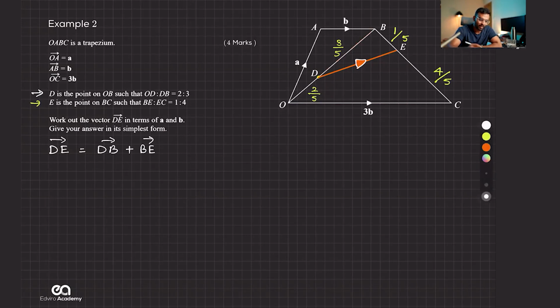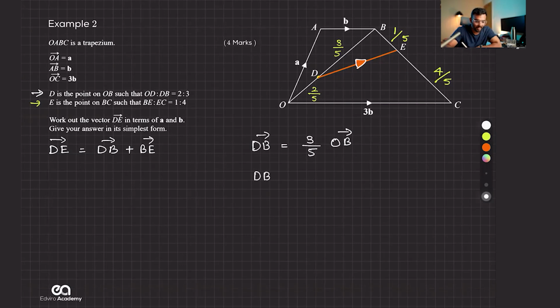Now, once you have written that pathway, you're looking, how can I work out DB? I'm just going to write it separately here so it's very clear to you. DB, would you all agree that is 3 by 5th of OB? And you don't need to write what OB is. It's already in your mind.